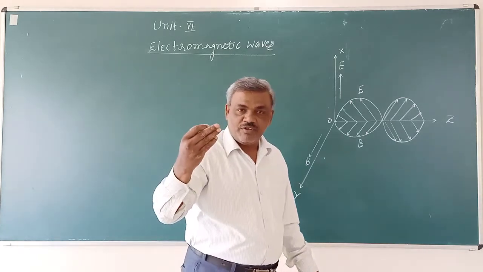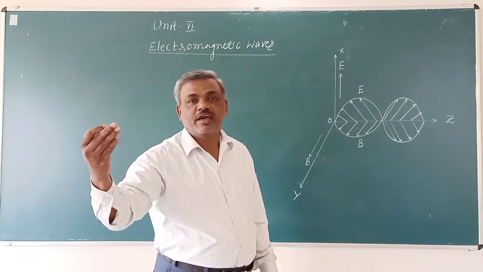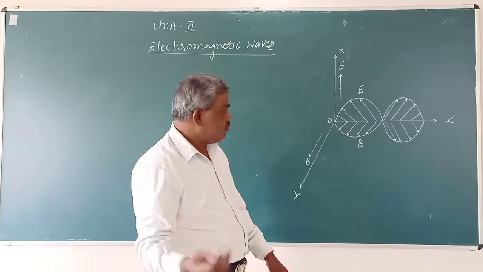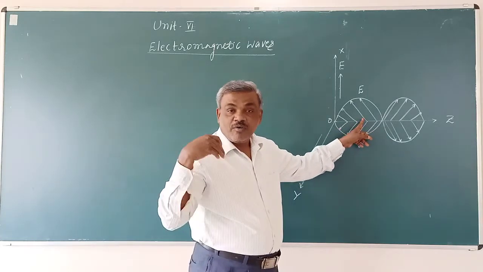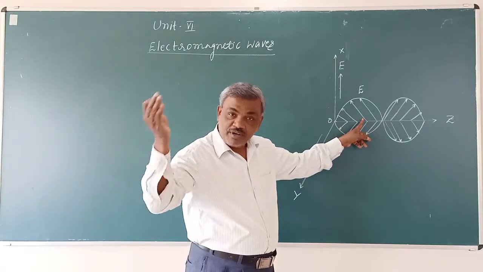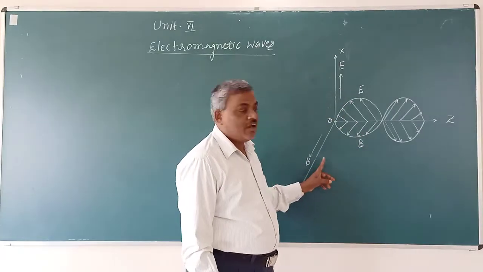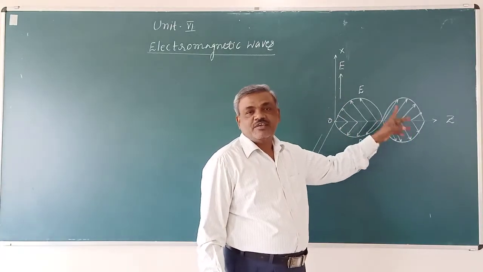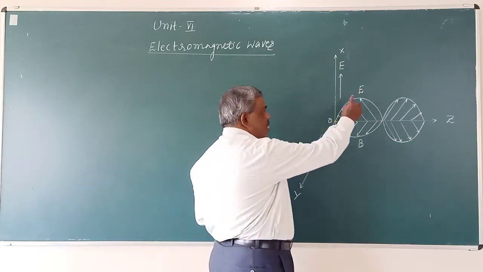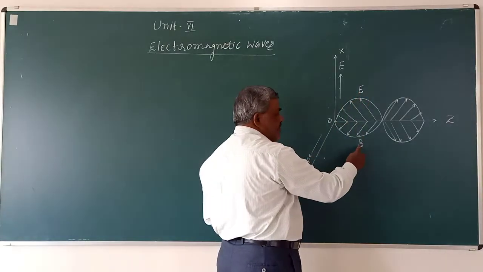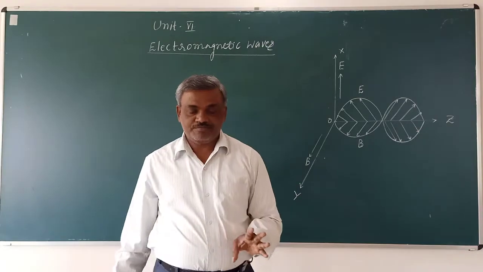The electric and magnetic fields are mutually perpendicular, so the electromagnetic wave propagates perpendicular to both, along the z-axis.